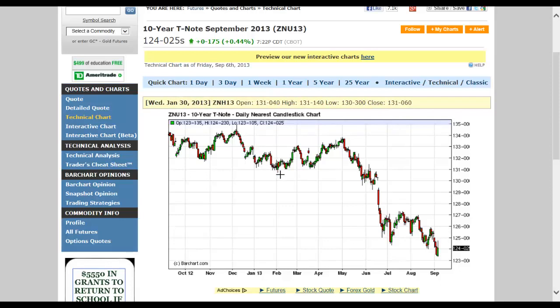When the T-note futures contract is rallying, as it does here, the yield would be declining. Vice versa, when we see the futures contract trading lower, that means the yield is going higher. When the 10-year T-note is trading higher here, that means the bond yield is going lower. Then we have a drop lower and a sustained move lower. That means there's a sustained move higher in the bond yield.